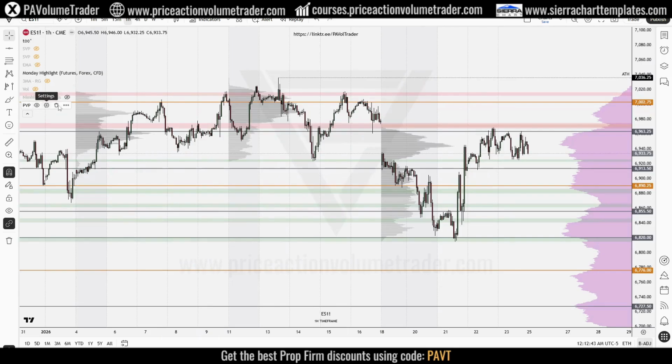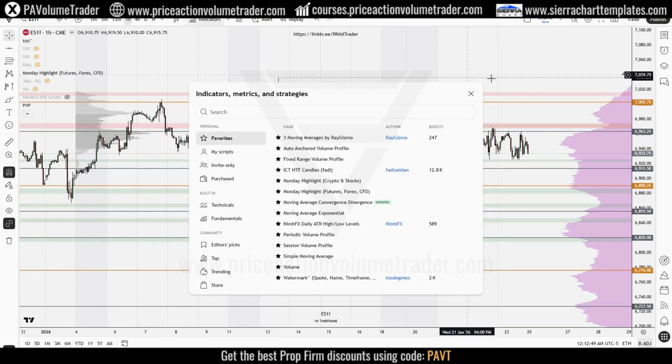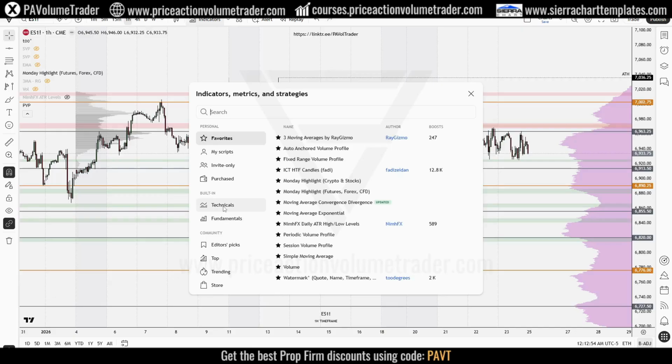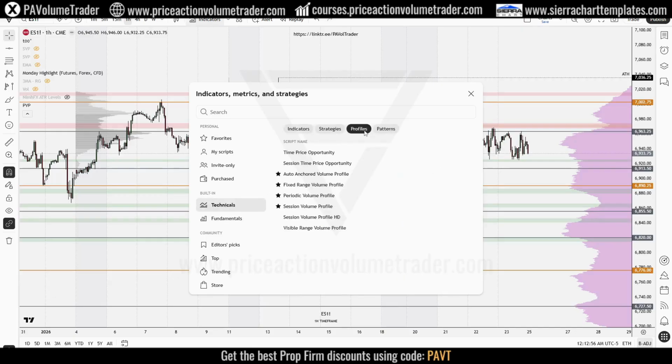And then I have my periodic volume profile, which you can find under indicators, technicals, profiles, and it's right here. Periodic volume profile.